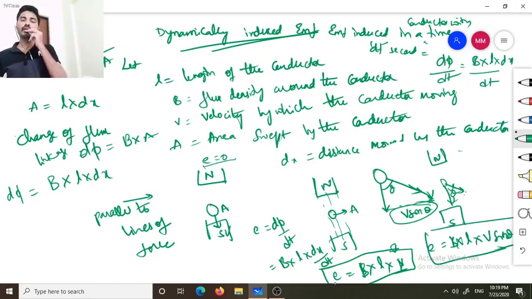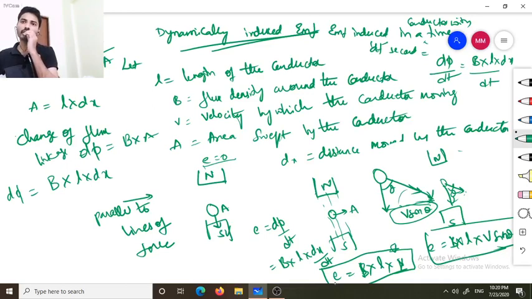Then substitute that value in the place of v, and you'll get the induced EMF expression. So when the conductor is moving at an angle theta to the direction of field lines, the dynamically induced EMF is E is equal to BLv sin theta. How am I writing this v sin theta?